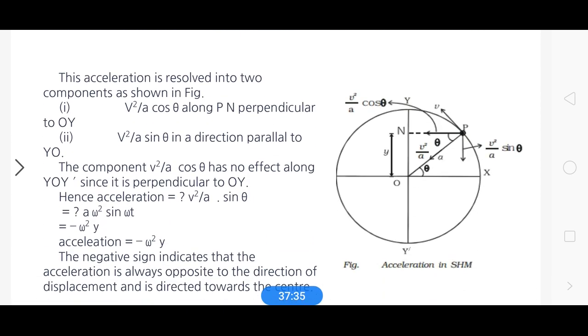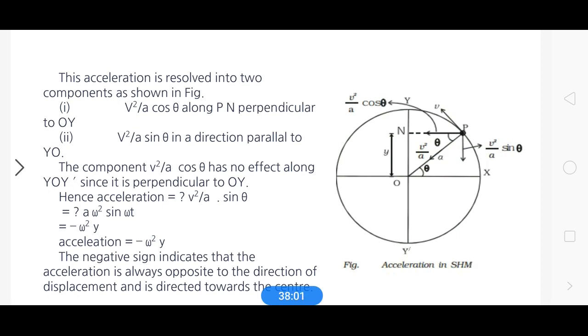Which one is the acceleration of the particle executing SHM? Here the foot of the perpendicular N is making simple harmonic motion and its path is along the y direction. So v square by a sin theta is the acceleration of the particle executing SHM.